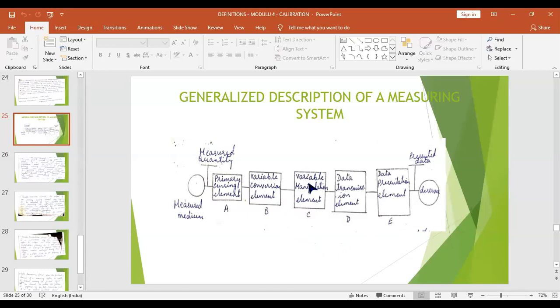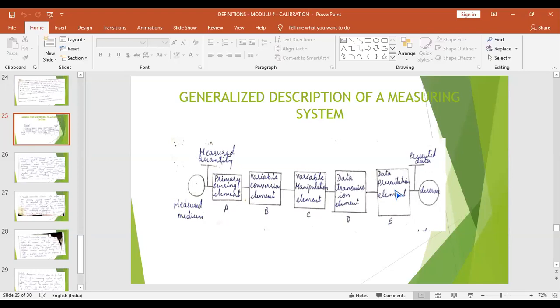That digital signal is fed to the data transmission element, which transmits the amplified digital signal to the data presentation element, which is nothing but the digital strain indicator.